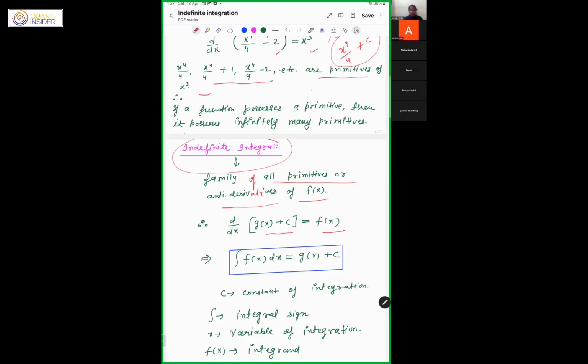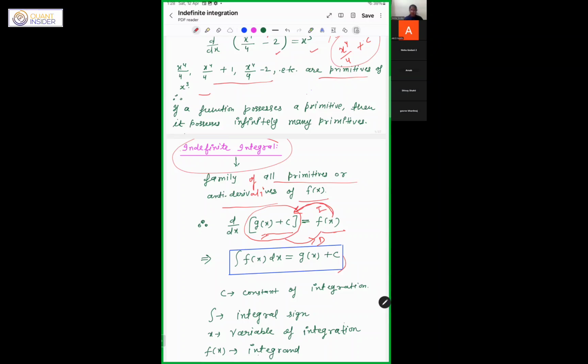By this example, I took x to the power 4 by 4 in place of g(x). So you know that the differentiation of all functions of the kind g(x) plus c is f(x). This means that integration of f(x) is g(x). You go from g(x) plus c to f(x) by differentiation, and when you integrate f(x), you get g(x) plus c.